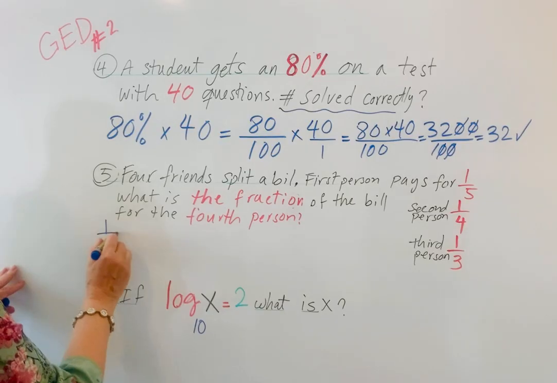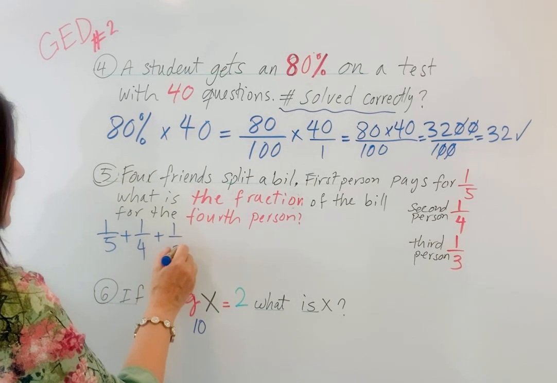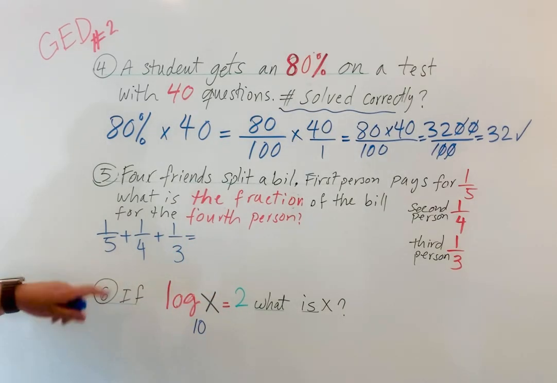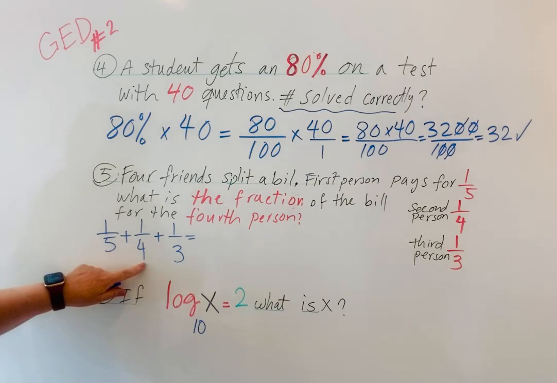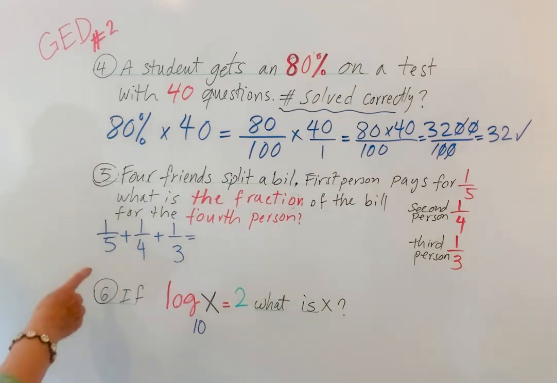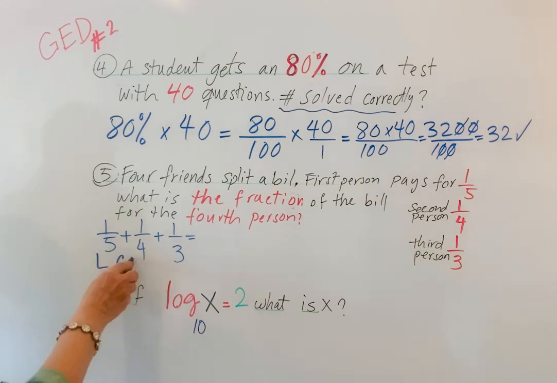Okay, 1/5 plus 1/4 plus 1/3. As you know, when adding or subtracting 3 fractions, we need the least common denominator, because we can only add or subtract fractions with the same denominator. So, how can we find the least common denominator between 5, 4, and 3?